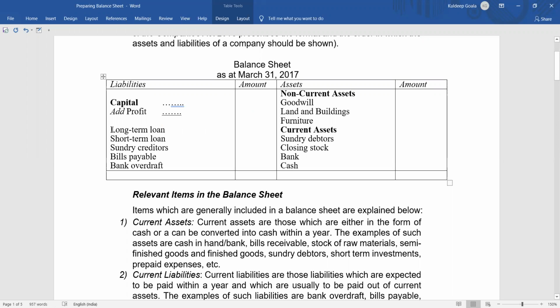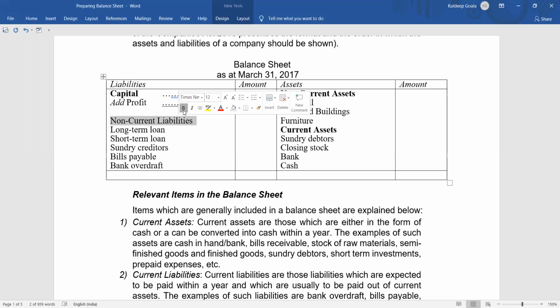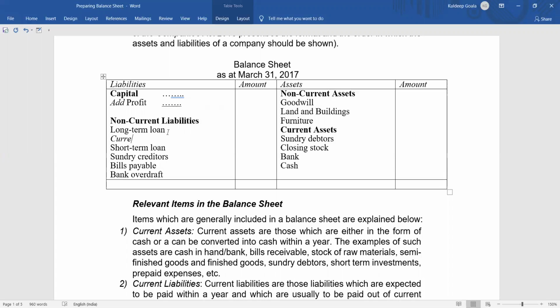This long-term liabilities refers to non-current liabilities. Non-current liabilities refers to those liabilities which are having a longer lifetime. It is going to be for a longer time period, and followed by current liabilities, which are having a shorter lifetime.